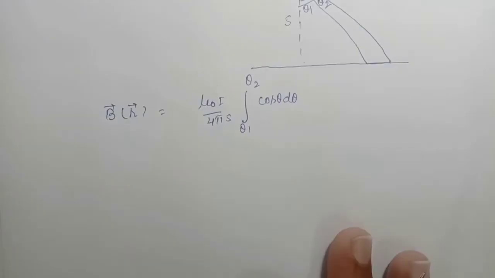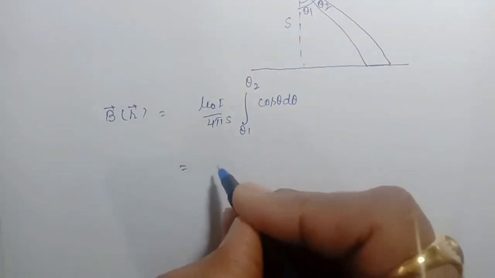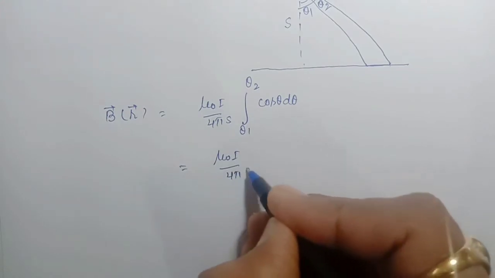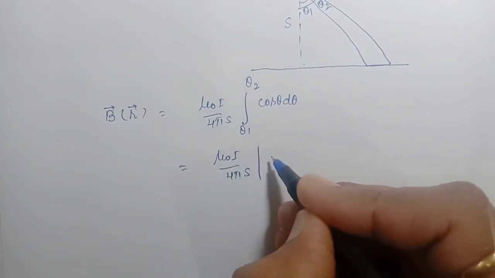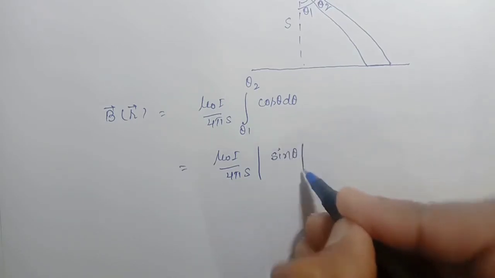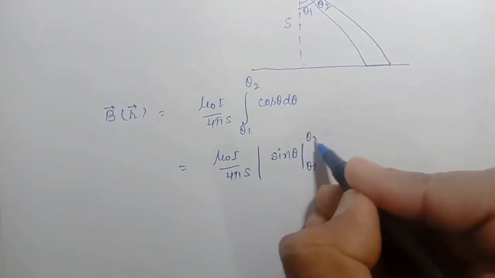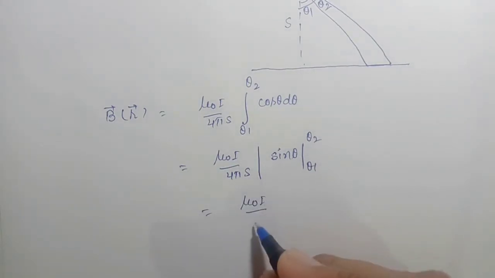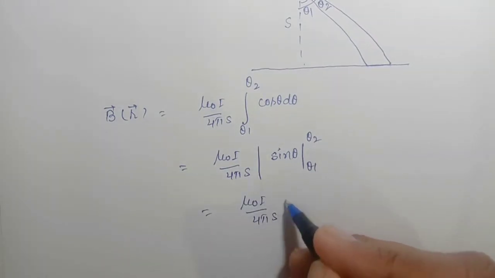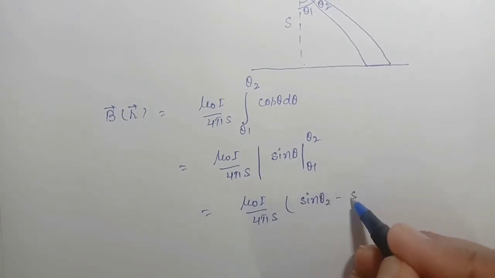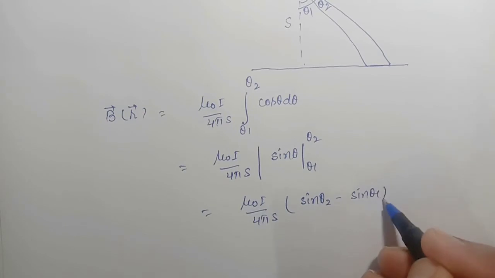Or we can write mu naught I over 4 pi S. Here if we integrate this, we can write sin theta, limit from theta 1 to theta 2. Then we can write mu naught I over 4 pi S, sin theta 2 minus sin theta 1.